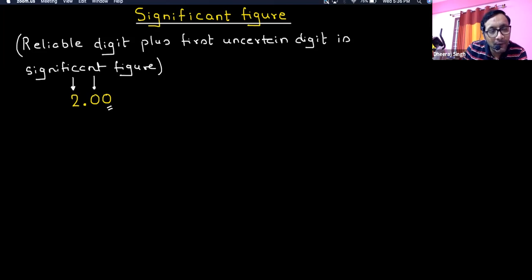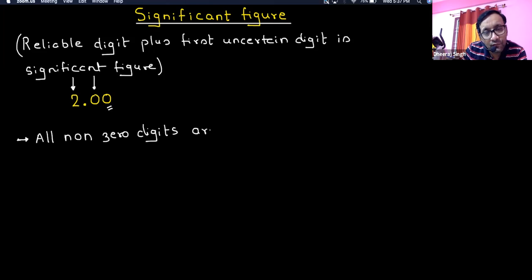Fine. So please write down, all non-zero digits are significant. Okay. There is no ambiguity. If there is a non-zero digit, that has to be significant. There is an ambiguity with zero, whether zero is significant or not.